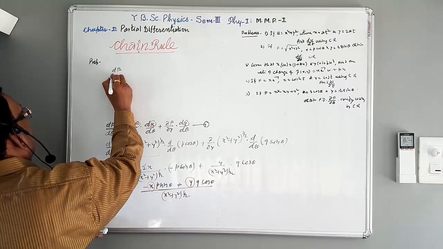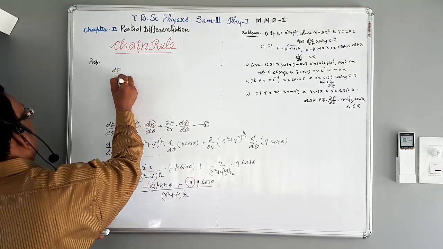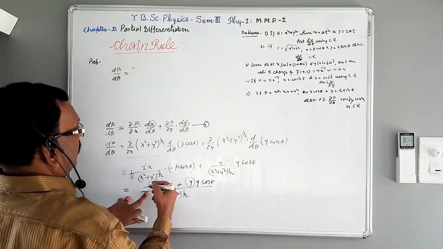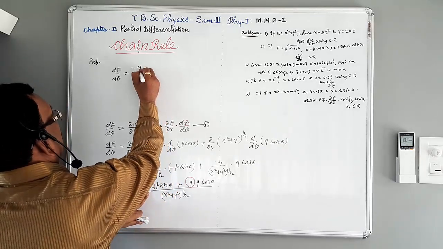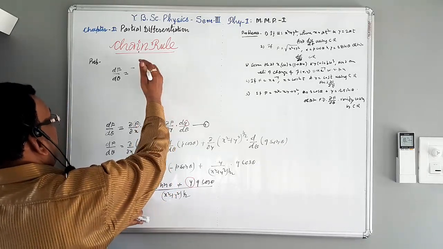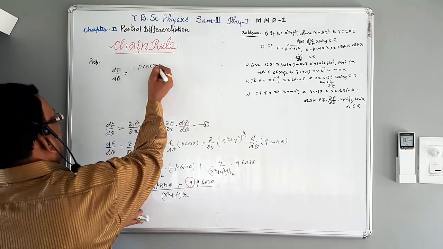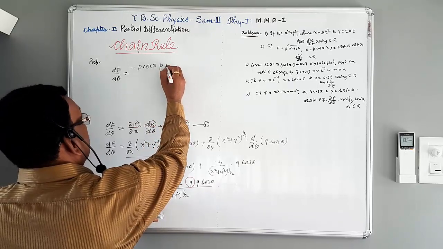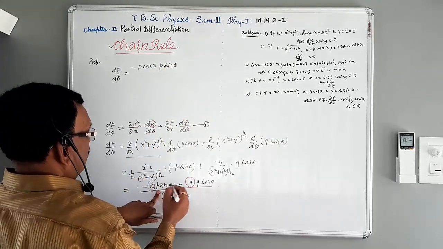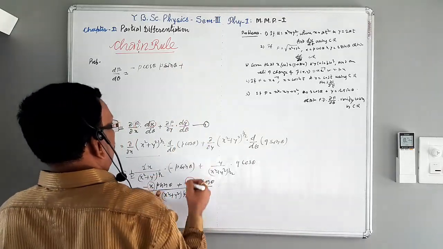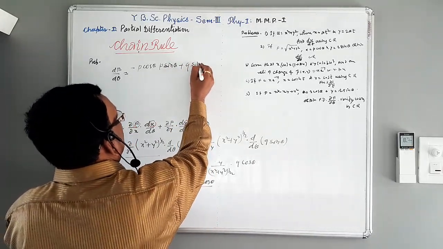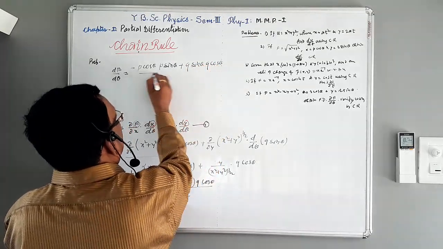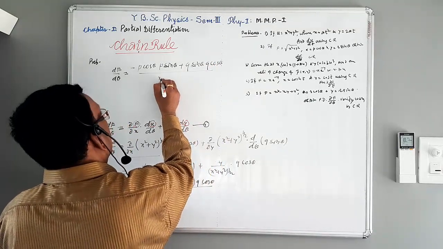df by d theta is equal to minus x, value of x is p cos theta and p sin theta as it is, plus value of y is q sin theta into q cos theta as it is, divided by x.